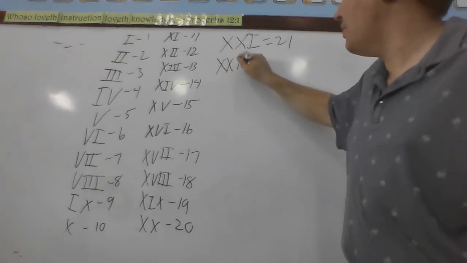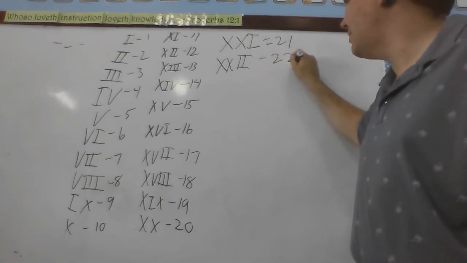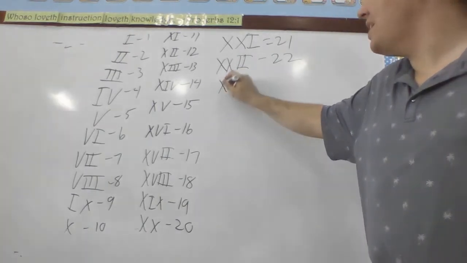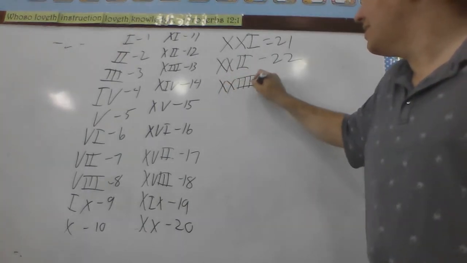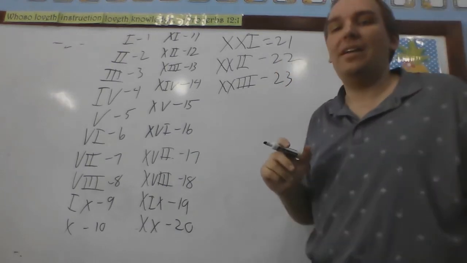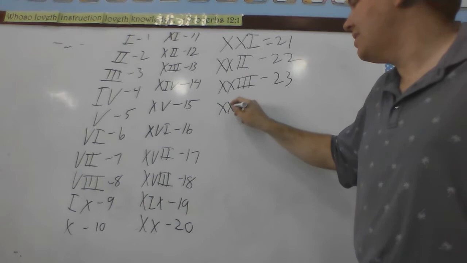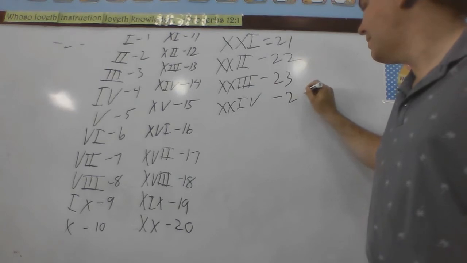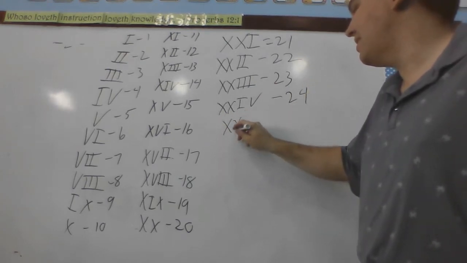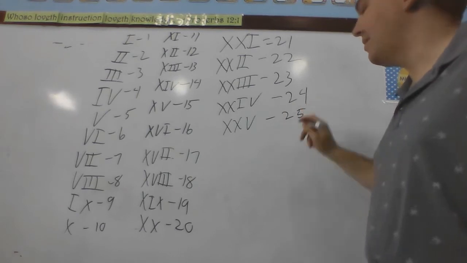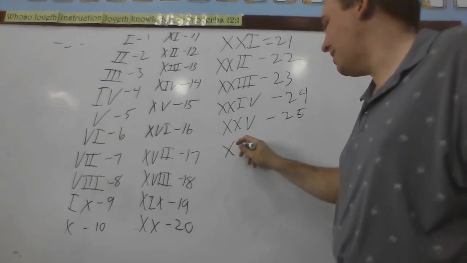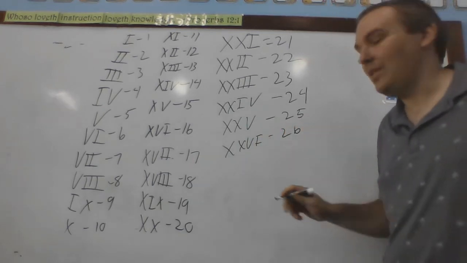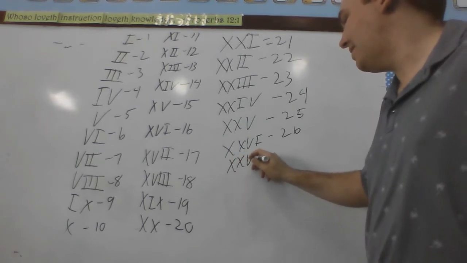22. See how this works? 23. 24. 20 here and 4 here. 25. 26. 27.